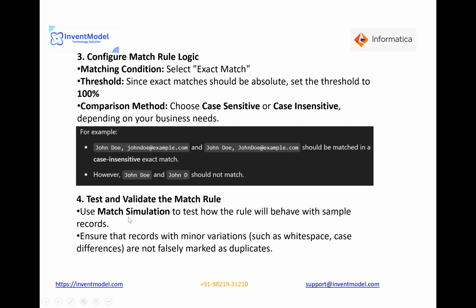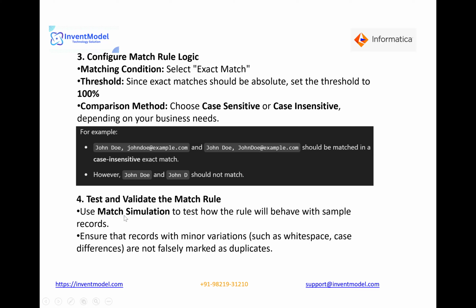So we have to use match simulation to test how the rule will behave with sample records. So we have to give some sample records in order to test how the match simulation is behaving. Next is ensure that records with minor variations such as white space, that is the space, and case differences are not falsely marked as duplicates.